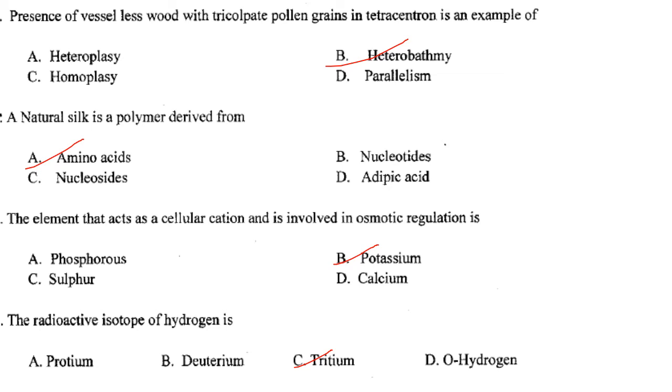Then next one, natural silk is a polymer derived from amino acids. Answer is option A. The element that acts as a cellular cation and is involved in osmotic regulation is potassium. Answer is B. The radioactive isotope of hydrogen is tritium. Answer is option C.